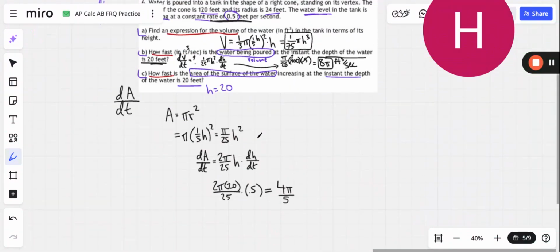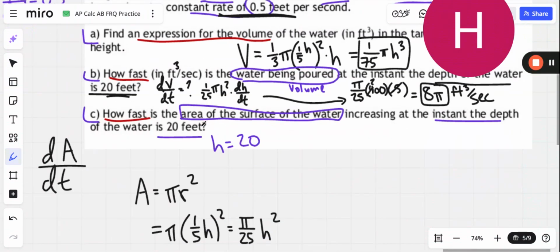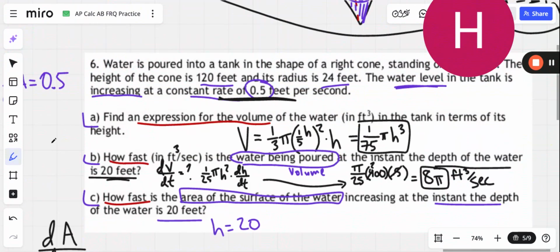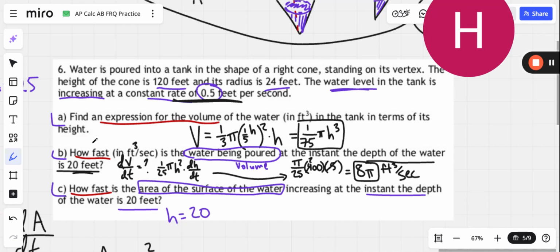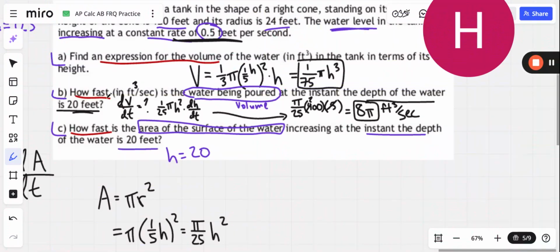Okay, and let's see, units usually matter. I do want to mention that as well: on a related rates problem specifically, when they have units involved, a lot of times the questions will say, find an expression for the volume, but then for part B where it says how fast, and it even says in feet cubed per second, that's their way of hinting, hey, the units matter here. So make sure you include units.